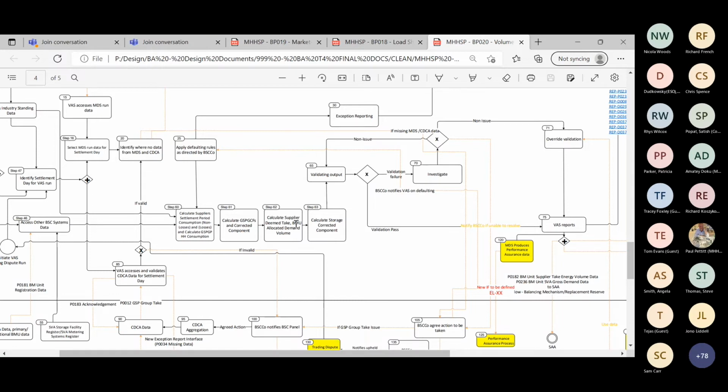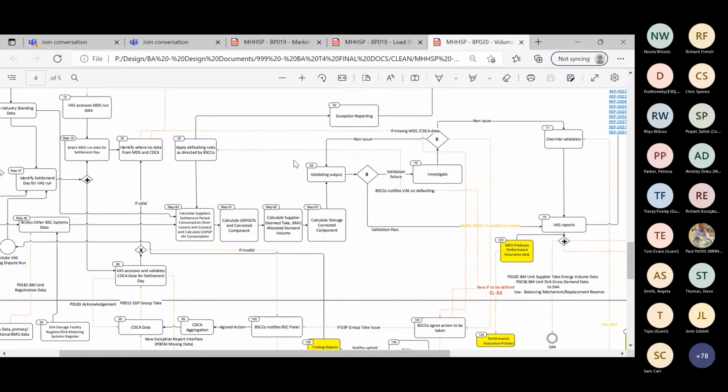It will also calculate supplier deemed take for reporting to suppliers, which is basically aggregating over the BM units within the GSP group. It also needs to calculate some storage volumes for National Grid, which go out on the reporting to National Grid.